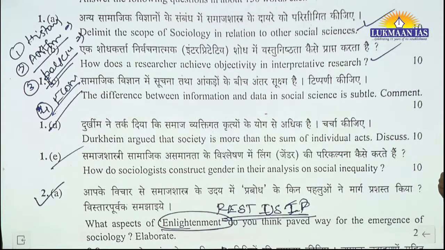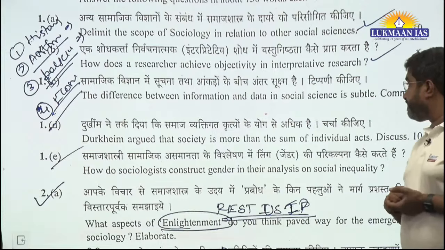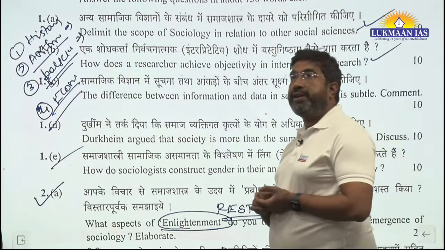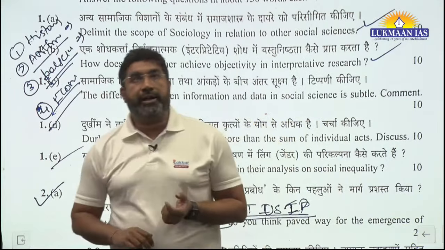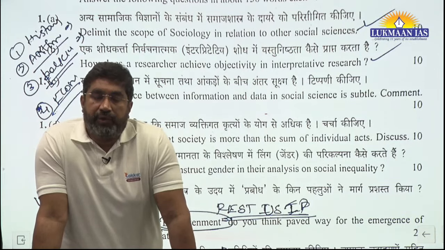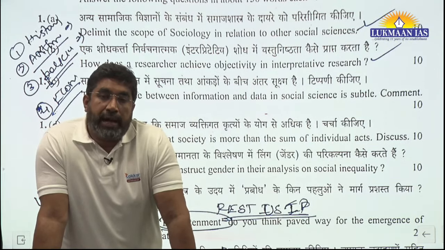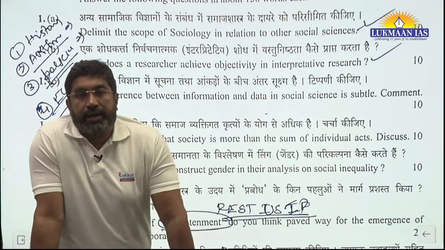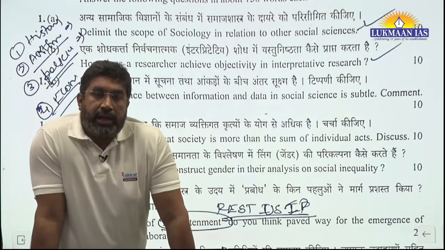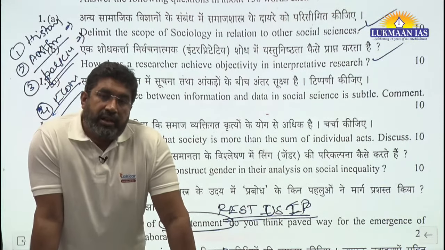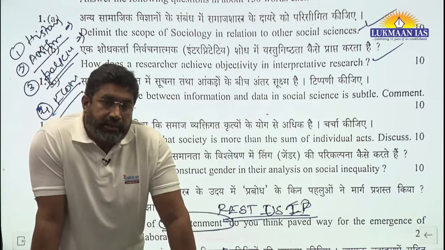The third question, the difference between data and information in social sciences is subtle. Specifically, it is a question related with perspective, but you have to read it. You have to understand that you have to write it from the perspective. You have to clearly show the relationship between data, information and knowledge, and how change in information and perspective changes the conclusions.